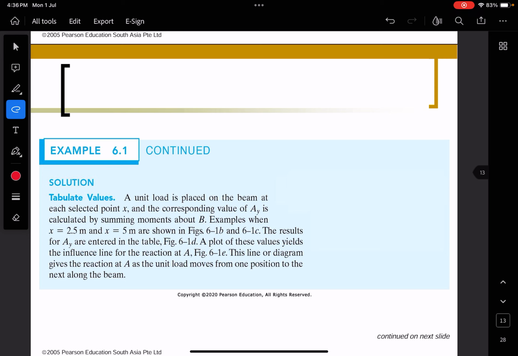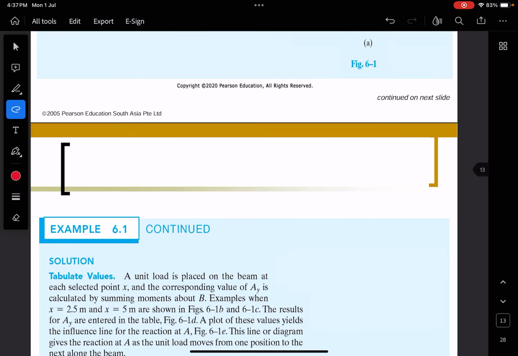First of all, you need to draw the table, but to fill in the table, you need to place a 1 unit load on the beam at each selected point.